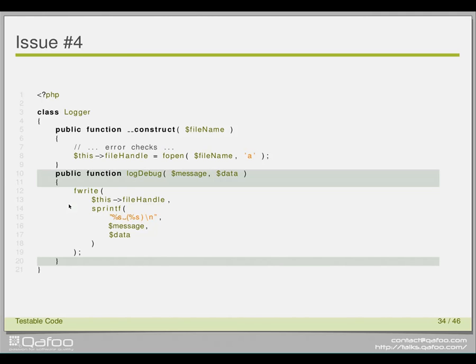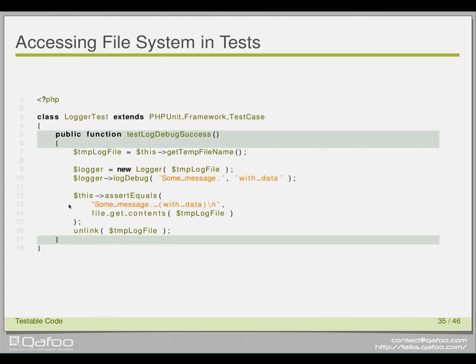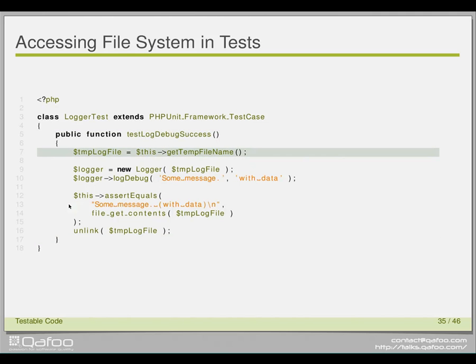Of course, the first idea on how to test that, again, we see some test code here, is to write this log debug success method. Of course, you also want to have failure checks there. And what we now need is a temporary file name which resides on our hard disk and which can be used in scope of our unit test to test that the logger actually logs to disk.